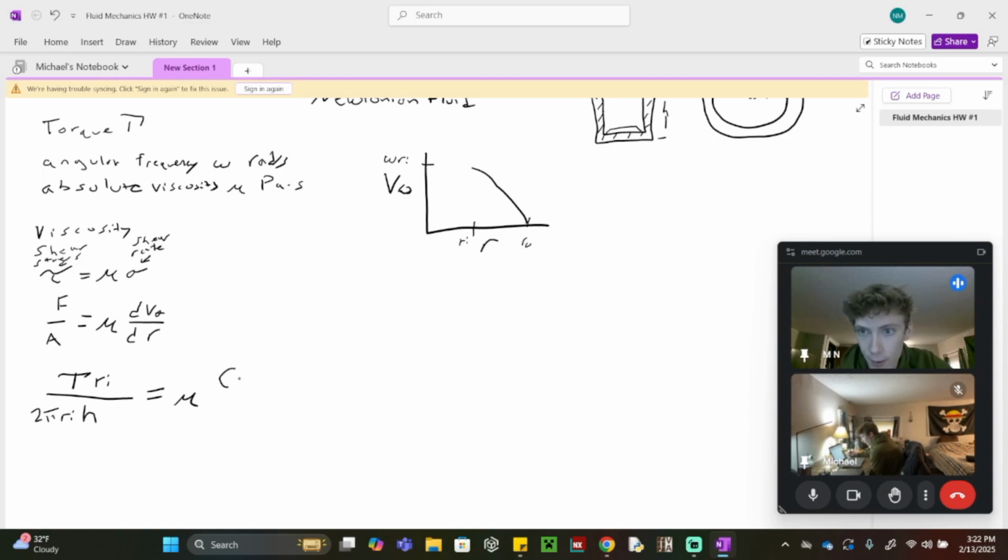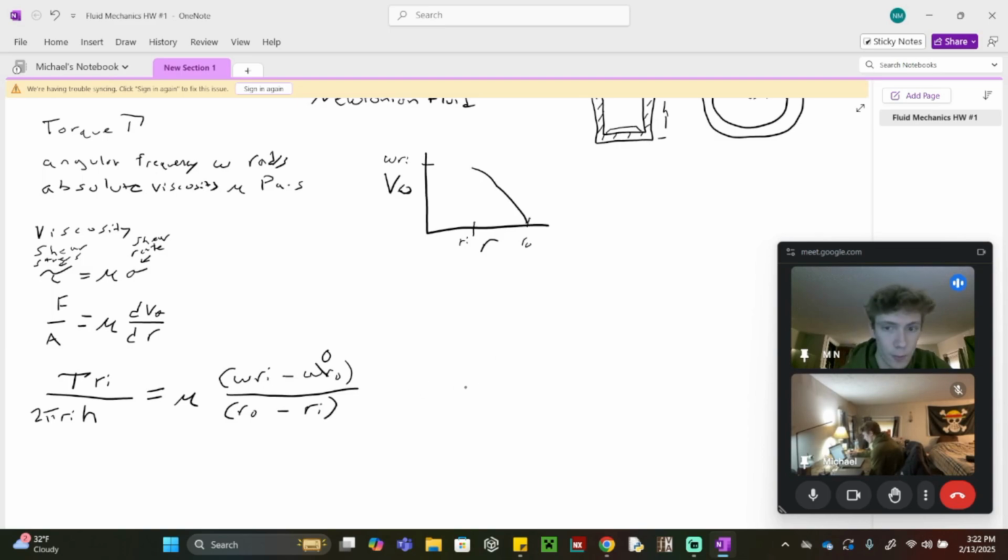So we have angular frequency times Ri minus angular frequency times Ro, but we know this is 0. So this is gone. Over our outer radius minus our inner radius.